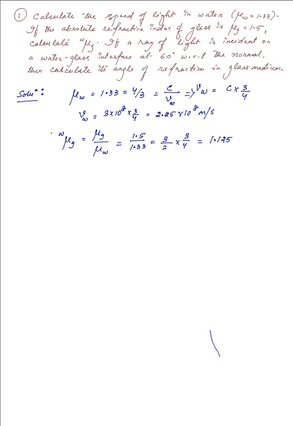Make sure that it is the angle with respect to the normal, because if it is not so, then you will have to consider the angle with respect to the plane and then take the complementary angle with respect to the normal. But here it has been provided that the angle of incidence is 60 degrees with respect to the normal, so there's no problem with that. That is the angle of incidence, and we are to calculate its angle of refraction in the glass medium.